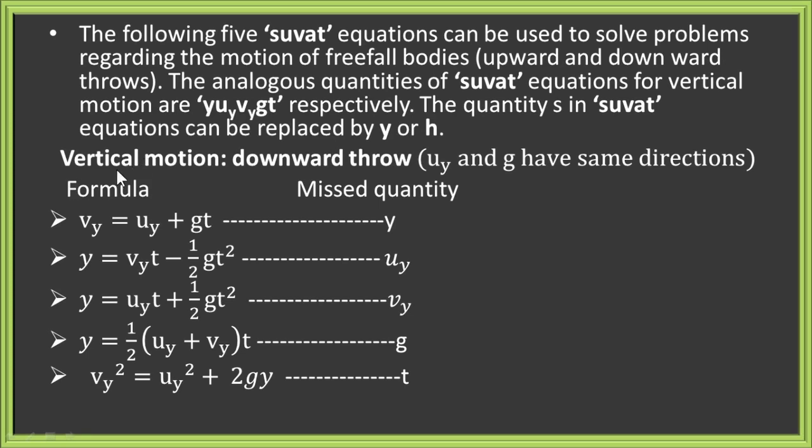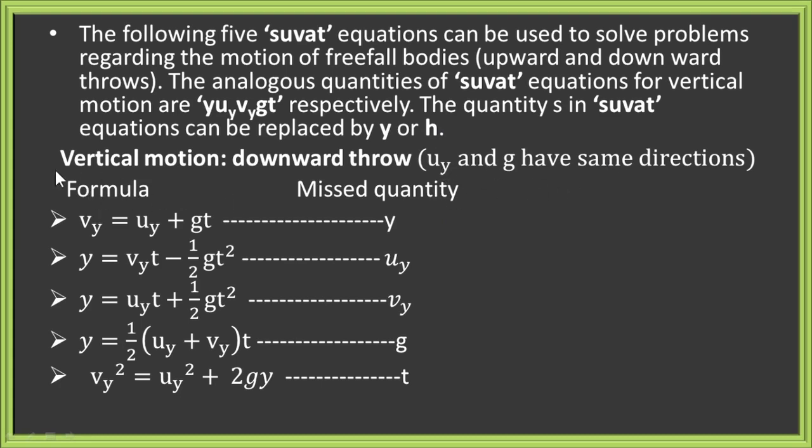Let us see the vertical motion or downward throw. In this case, the initial velocity in the Y direction, Ui, and acceleration due to gravity have the same direction. Acceleration due to gravity is always downward. The object is thrown downward. So the initial velocity and acceleration due to gravity have the same directions.